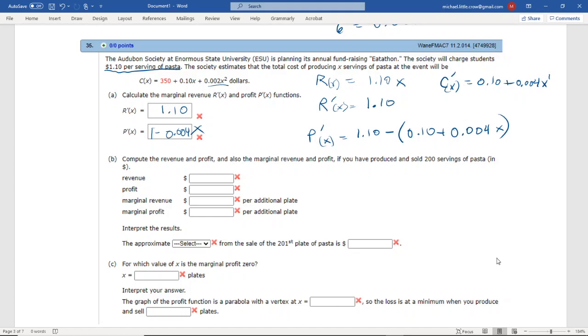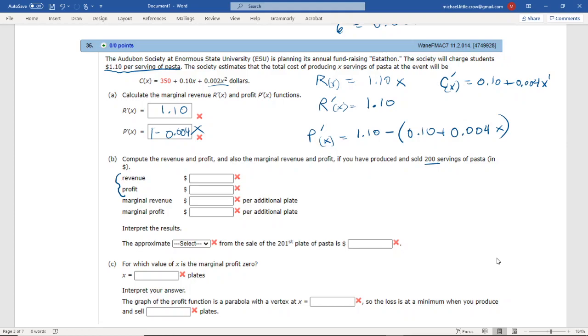Compute the revenue and profit and also the marginal revenue and profit if you have produced and sold 200 servings. Okay, 200 servings of pasta. So we do need the revenue. Revenue's up here. Again, these two are not marginals. We're not looking at the derivatives. These are the originals. So they did not give us the original profit function, so we're going to need to backstep and actually do that.